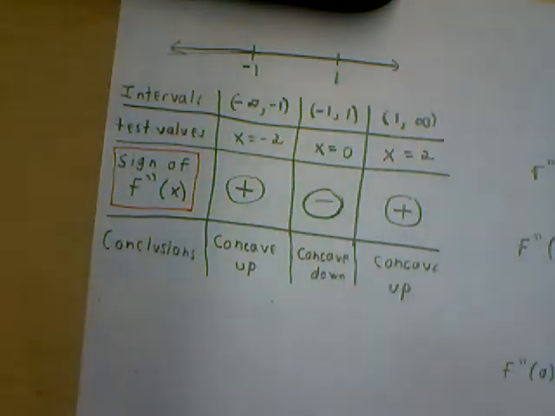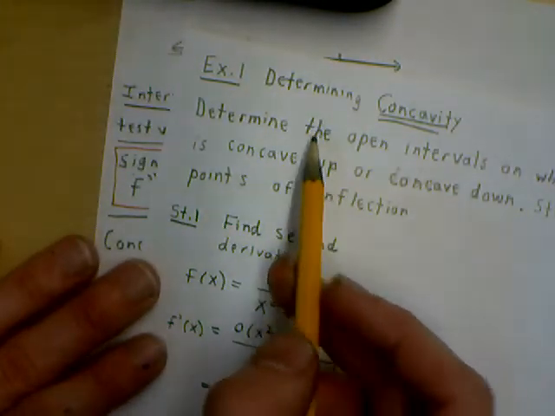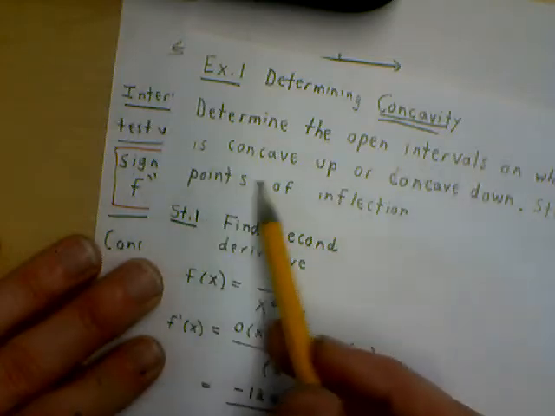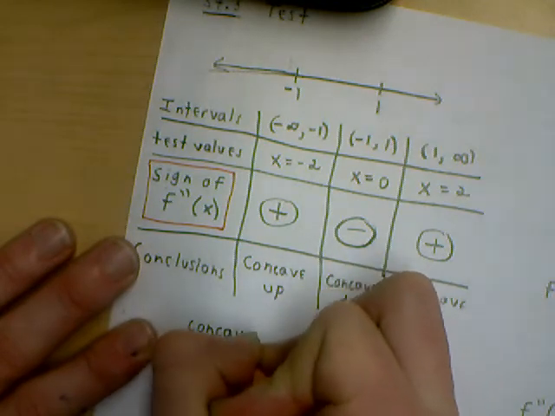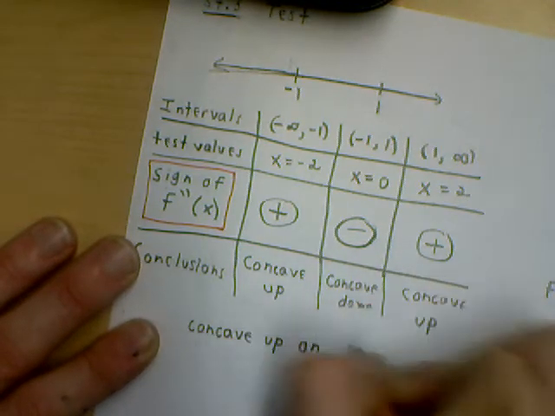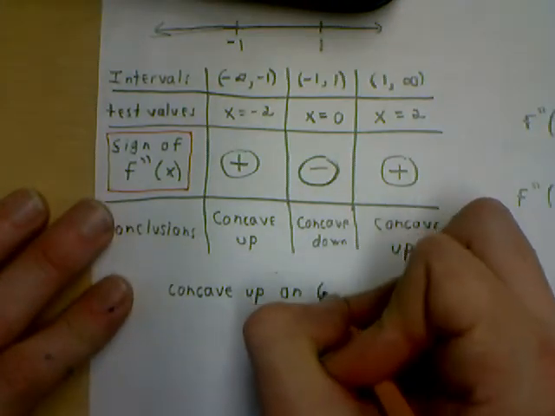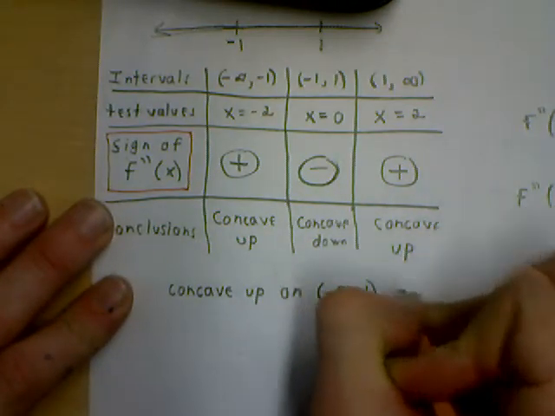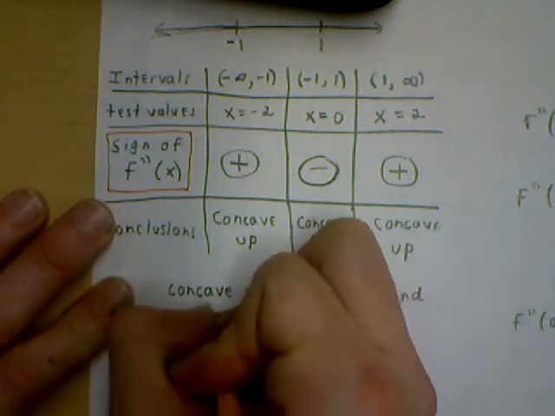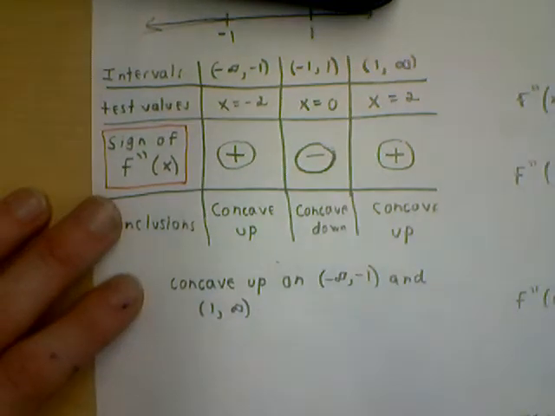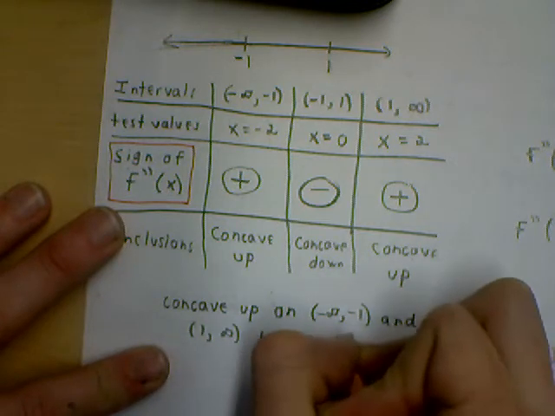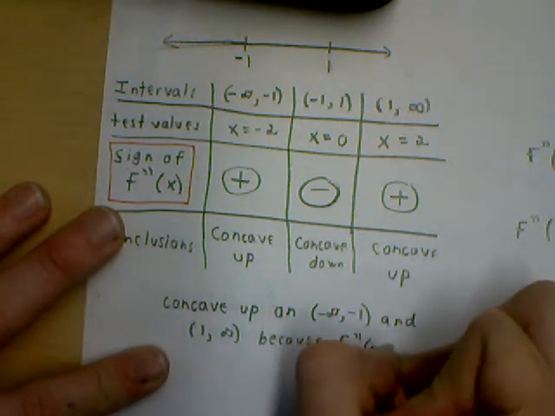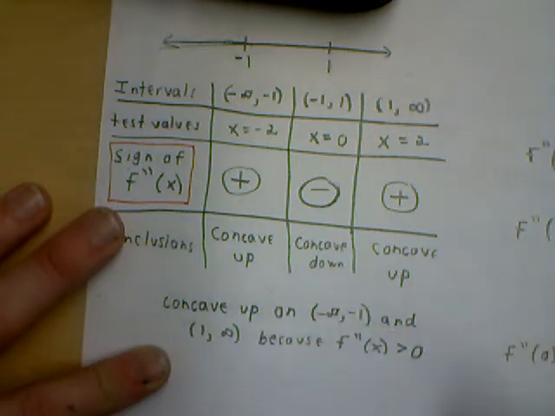So let's check if we answered the full question. Determine the open intervals on which f of x is concave up or concave down. So it's concave up on negative infinity to negative 1 and 1 to infinity, because, make sure you have your justification, f double prime of x is positive.